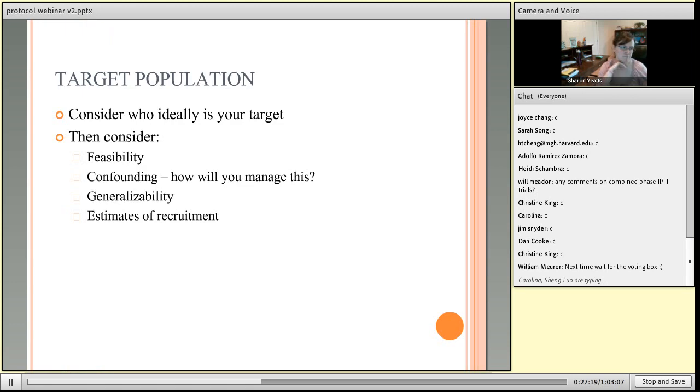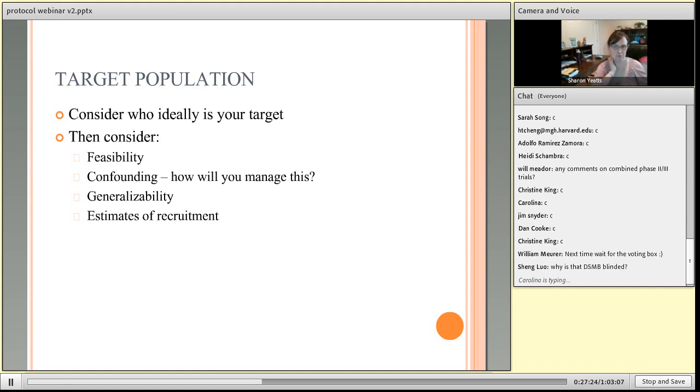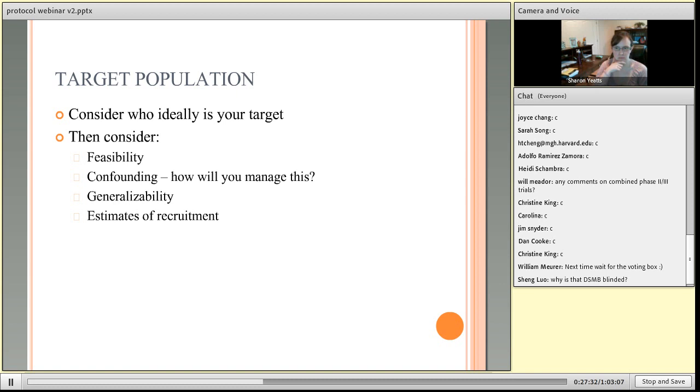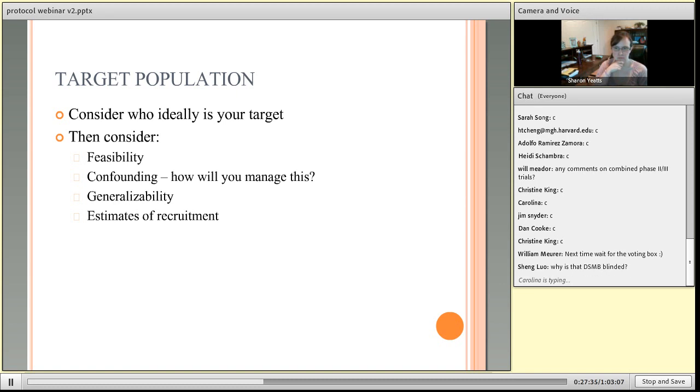We're going to talk a little bit about your patient population now. We're going to start conceptually with just thinking a little bit about your target population. So all of you should be thinking about who's ideally in your target population. So for a stroke trial, it might be all ischemic stroke patients within a 12-hour window are the target.